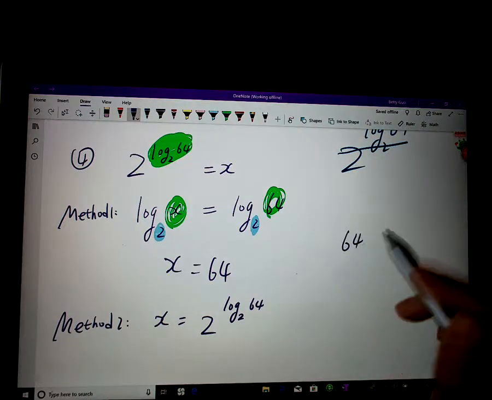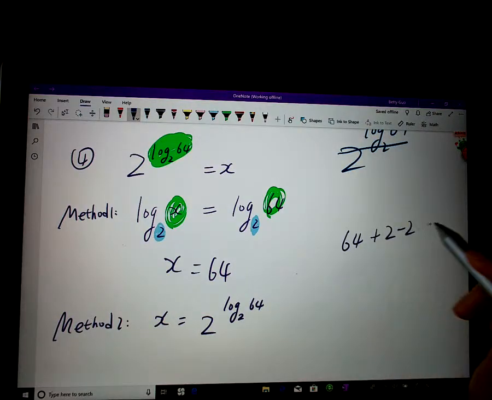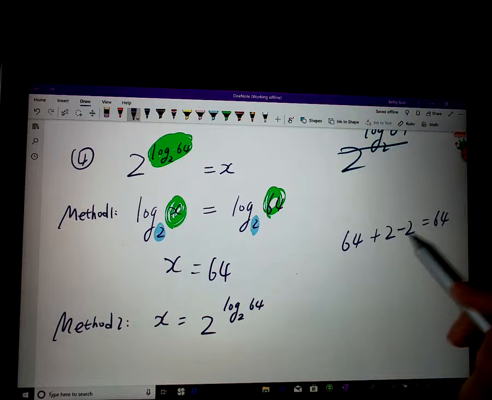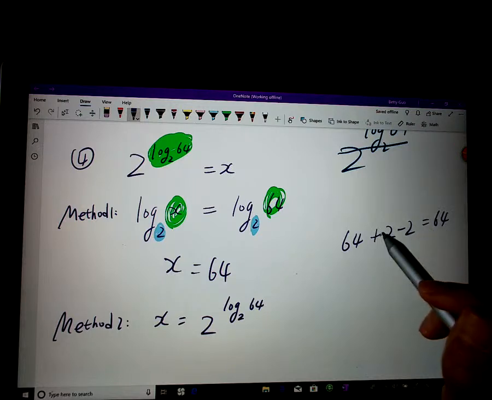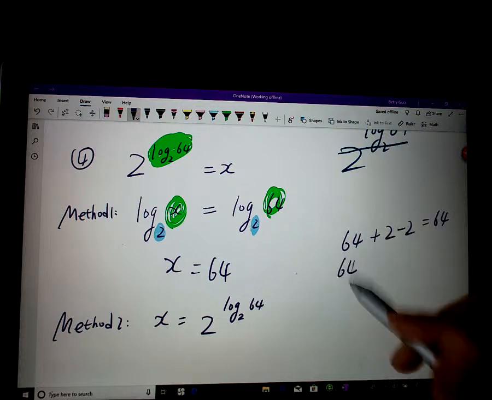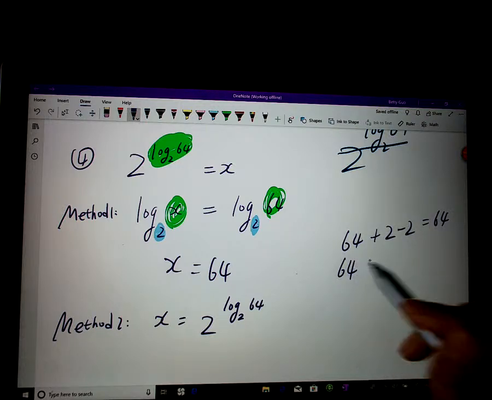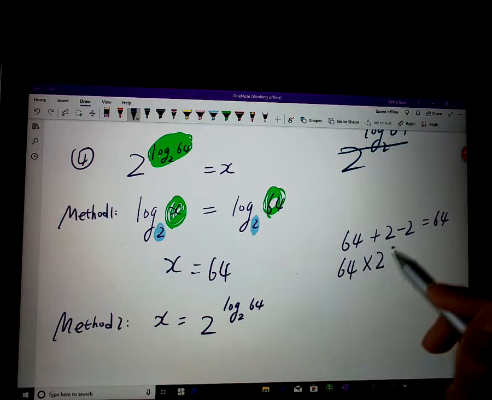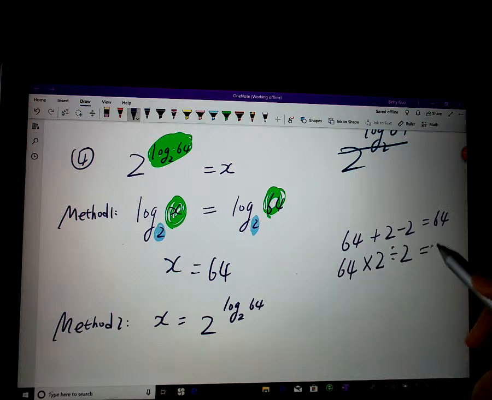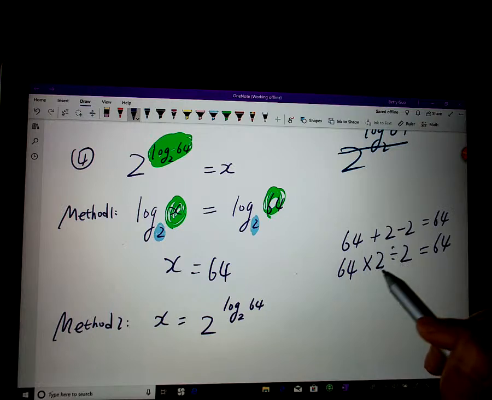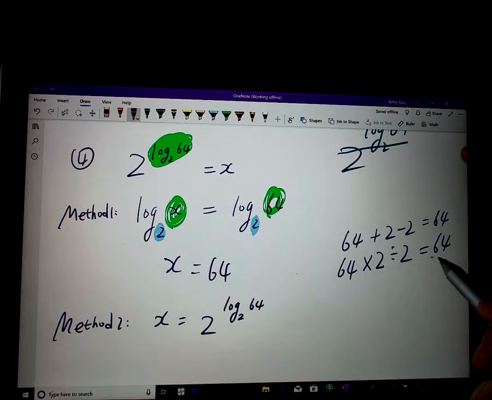Let's say you have 64. If you plus 2 minus 2, what do you have? Do you go back to 64? Because minusing 2 reverses plusing 2. Same idea, if you have a 64 in the beginning, you multiply by 2 and then divide by 2. You would have a 64 again, because dividing by 2 reverses multiplying by 2.